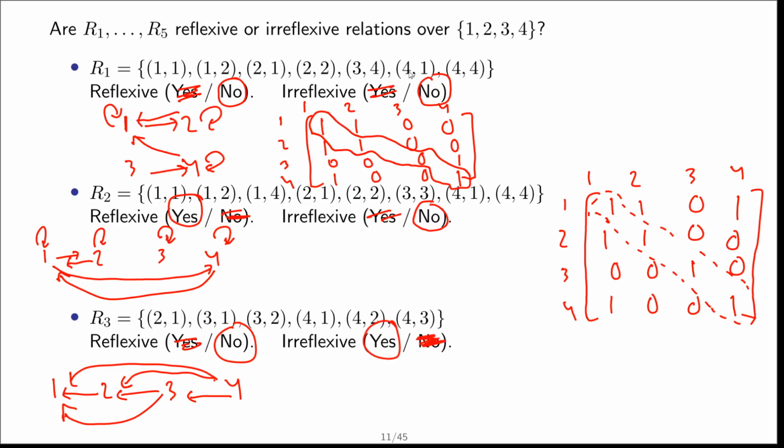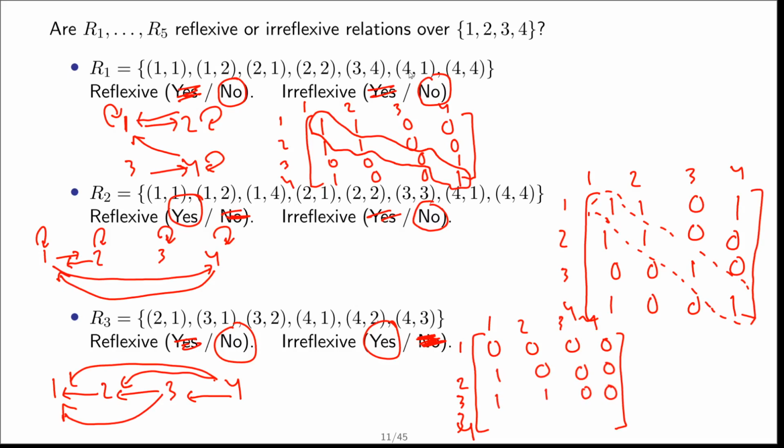If you draw the matrix, you could see that the diagonal elements contain only 0. So if you put it here: 0 0 0 0, and then 1 0 0 0, 1 1 0 0, and then 1 1 1 0.